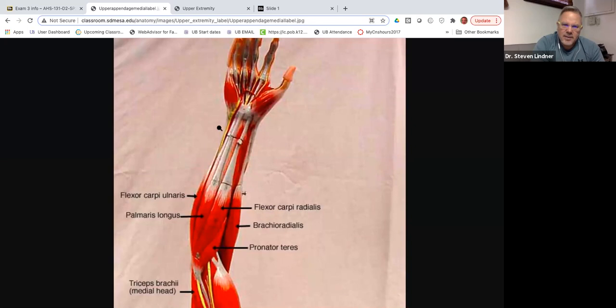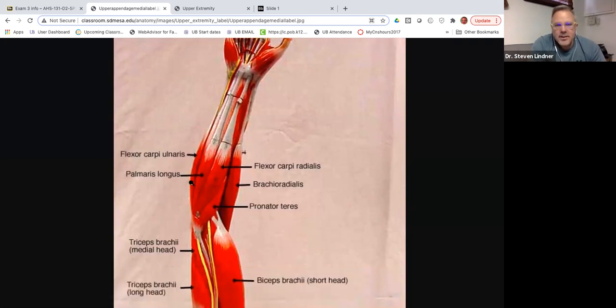Whereas the flexor carpi ulnaris flexes the wrist and ulnar deviates the wrist, meaning like a karate chop where the hand deviates in the direction of the ulna, aka wrist adduction. Okay, that's 1, 2, 3.